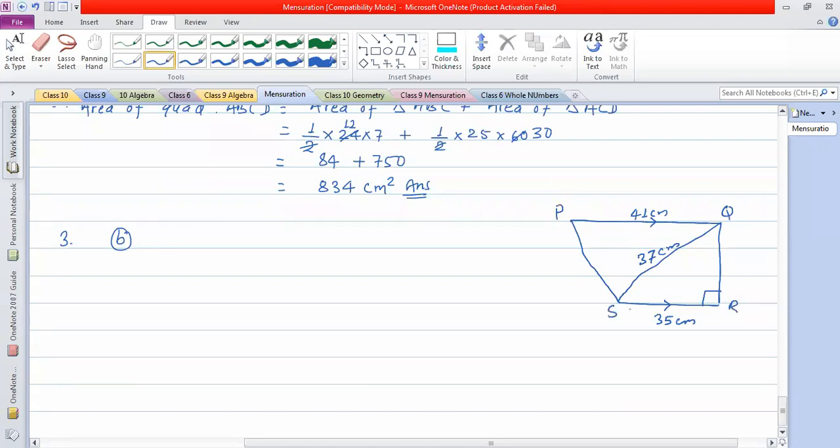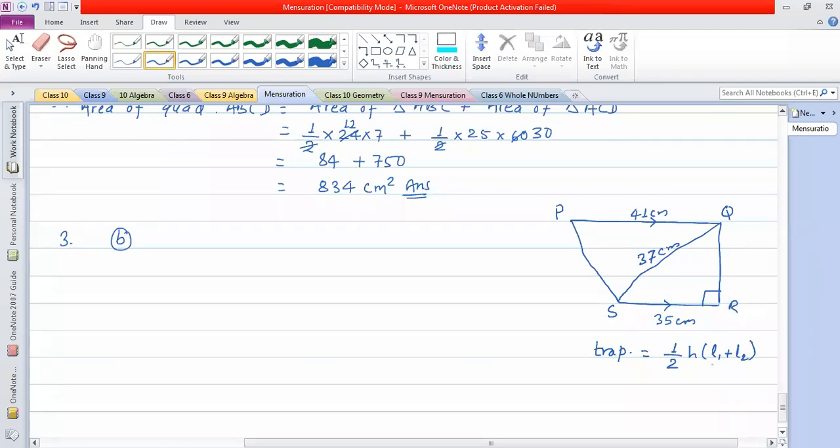Okay, let me remind you the formula. The area of trapezium is 1 by 2 height L1 plus L2. Okay, L1 and L2 are the pair of parallel lines, and we are given here parallel lines SR and PQ, and their measurements are also given.